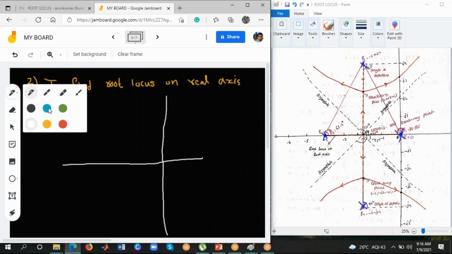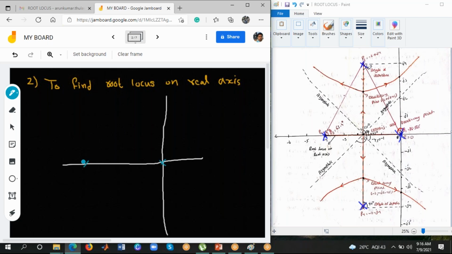One is at the origin, the other is at minus 4, and here, and here.